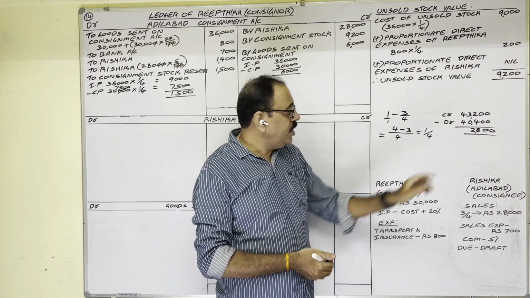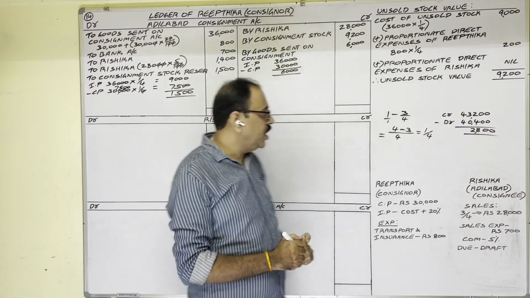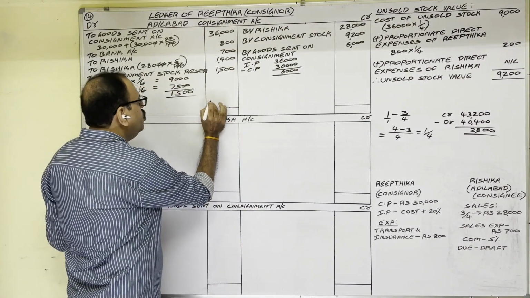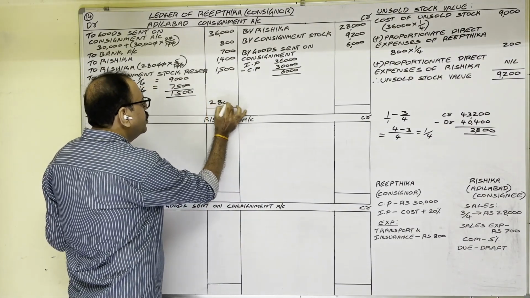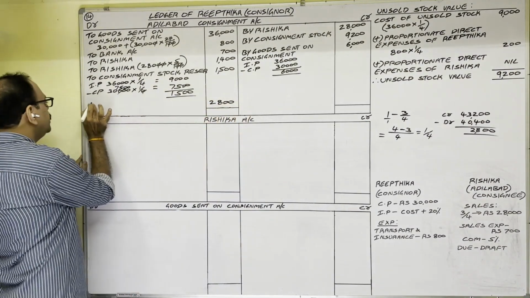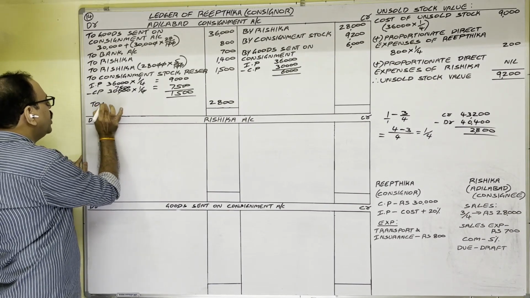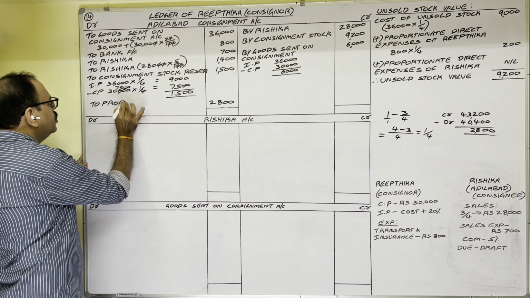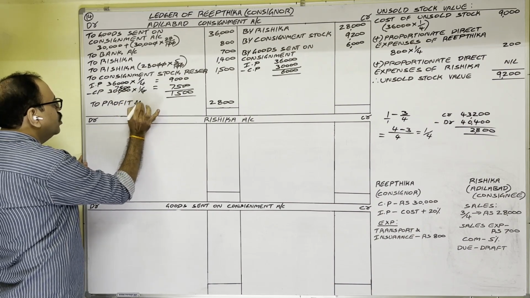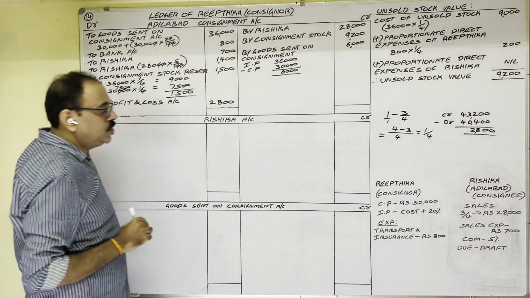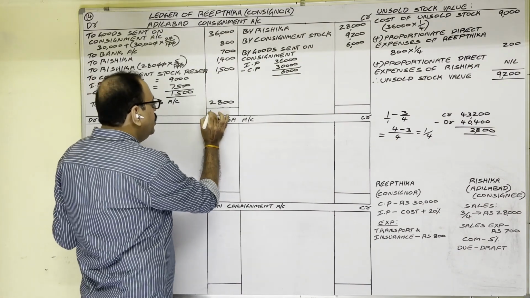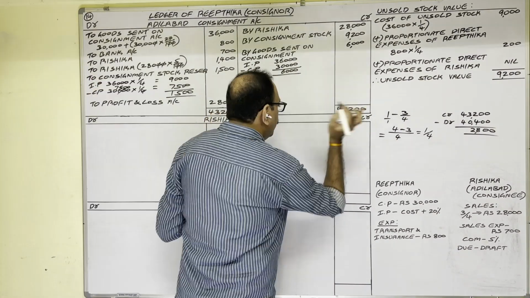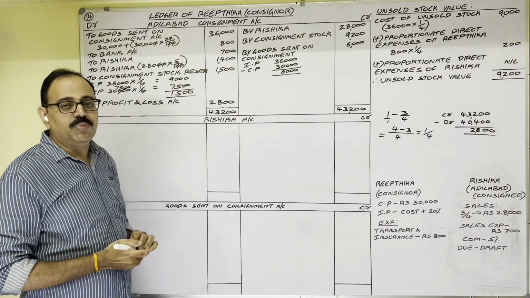So the debit side total is less now, and on the debit side we should show 2,800. And for this what to write? This profit we should transfer to profit and loss account. Therefore write "To profit and loss account." Put the highest total on both sides, 43,200. With this, the consignment account is completed.